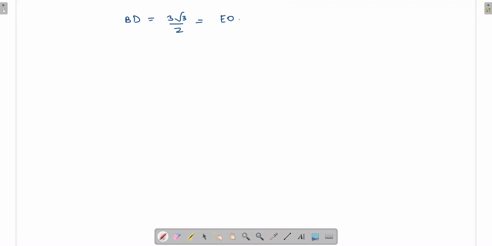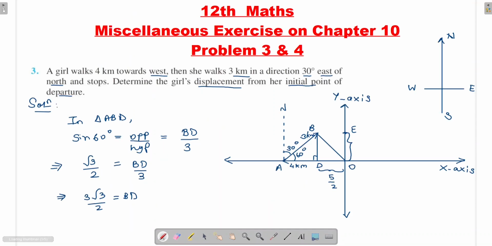So what will be the coordinate of B? If you look at OD, D is on the left hand side of the y axis, so it is negative. Magnitude is 5 by 2, but the x coordinate will be minus 5 by 2, because D is on the left hand side of the origin, comma EO.